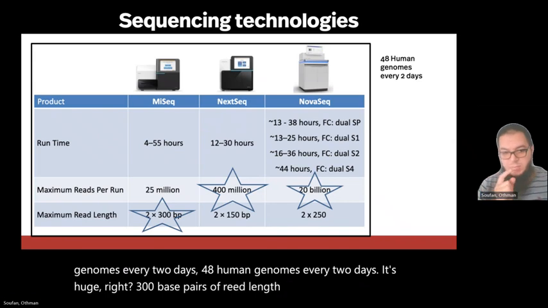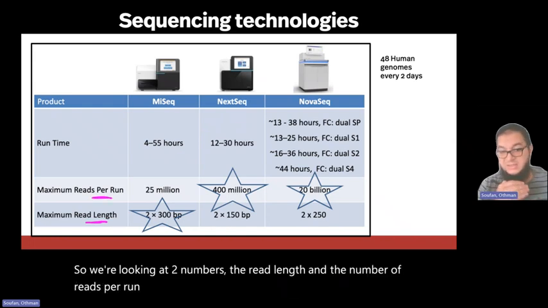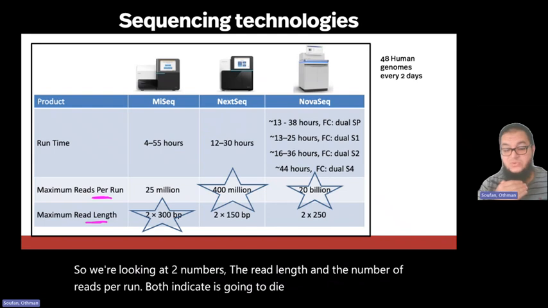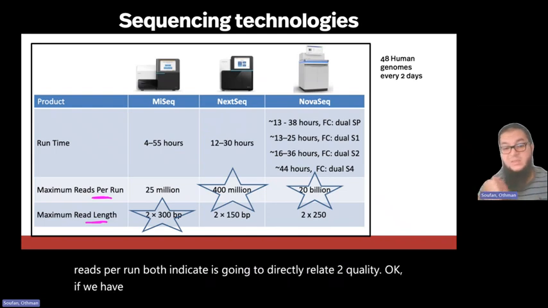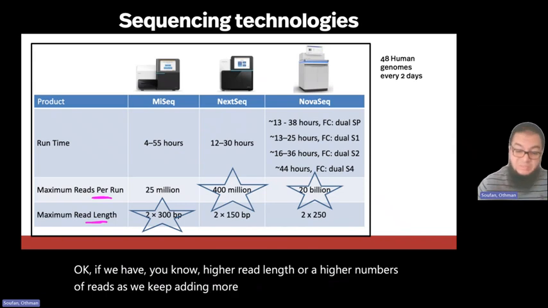So we're looking at two numbers, the read length and the number of reads per run. Both relate directly to quality, if we have higher read length and higher numbers of reads.